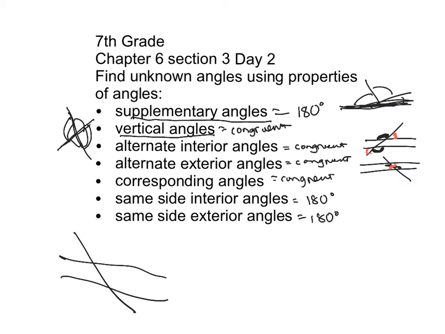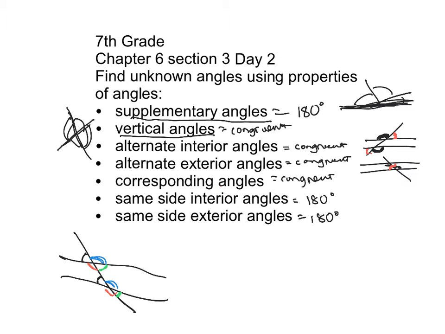Corresponding angles are on the same side of my transversal, and one's interior and the other one's exterior. So there are 4 pairs of corresponding angles, and those are all congruent.